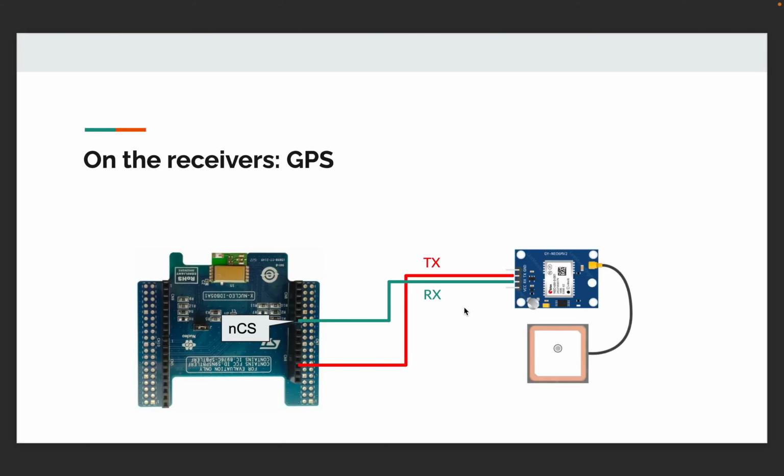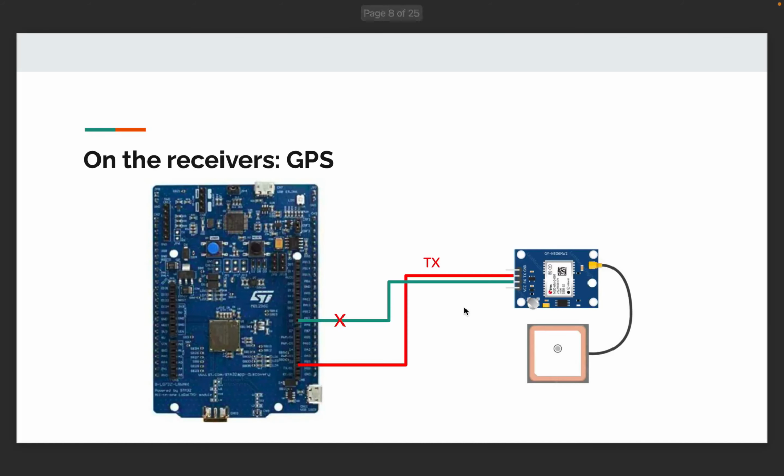That is, the RX pin was in conflict with the EEPROM chip select, so we could not use it. And it was not such bad news, because at least we had our TX pin in order to listen to the data that the GPS wants to communicate to the board.